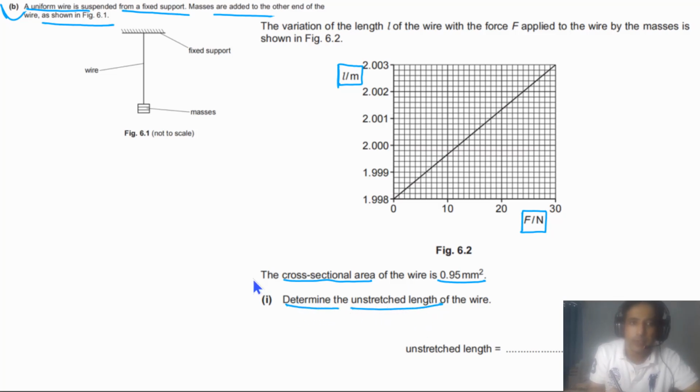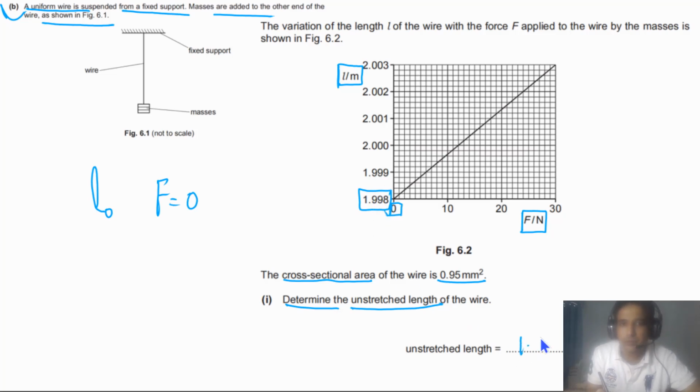Unstretched length means we will have L naught when F is equal to 0. If you look at this point, we have force equal to 0 and the value of L is 1.998 meters. This question has only 1 mark, and that is the answer mark.